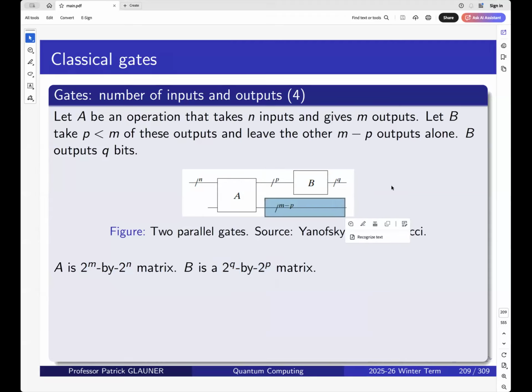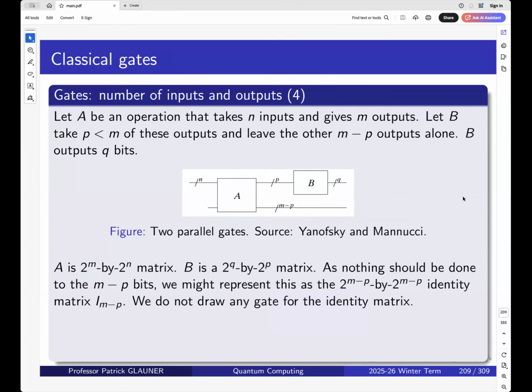Now, how do we model this? It turns out, in order to describe this parallelism, I need an identity matrix. We have seen the identity matrix quite often in this course, and we don't need to draw any gate for it because it doesn't change anything.